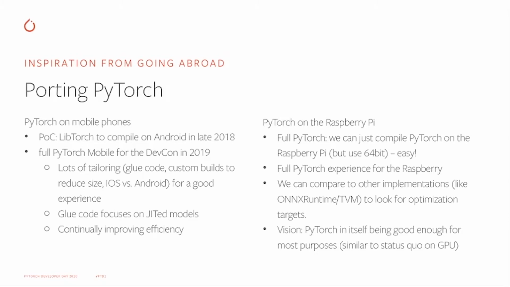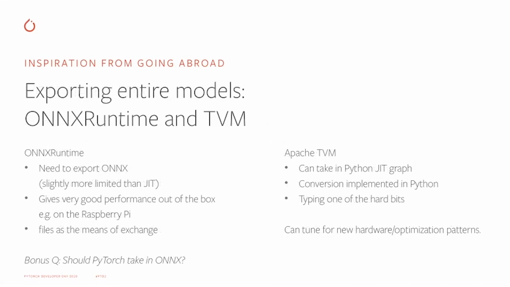And we can also compare to other implementations available there, like ONNX Runtime or TVM, which we'll talk about in a bit, and look for optimization targets. So we might have the vision that PyTorch in itself is good enough for most purposes, just like you currently have as the status quo on GPUs, where PyTorch is reasonably fast, except if you need something very specific.